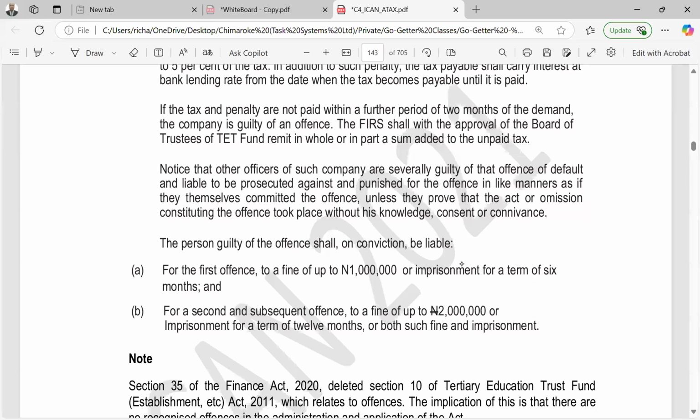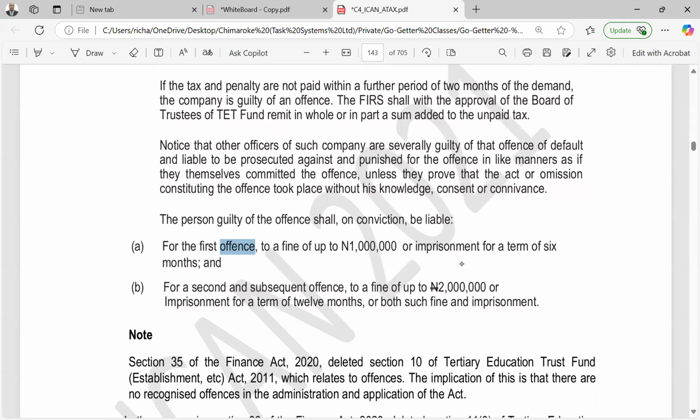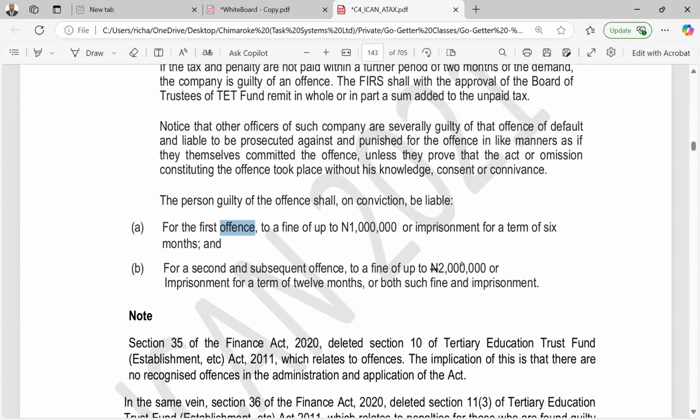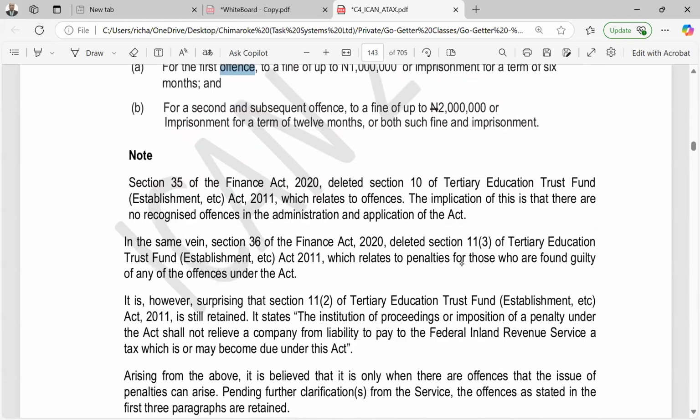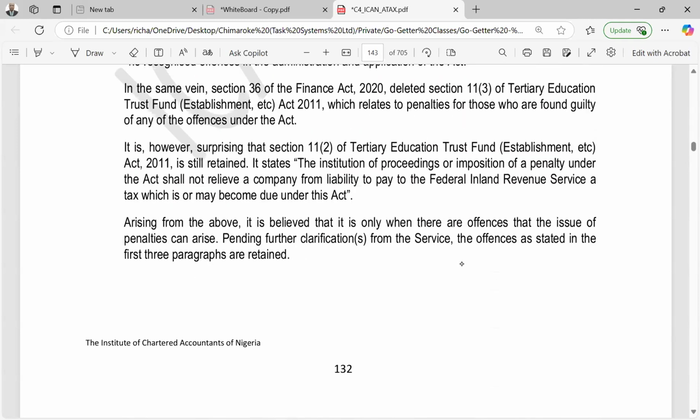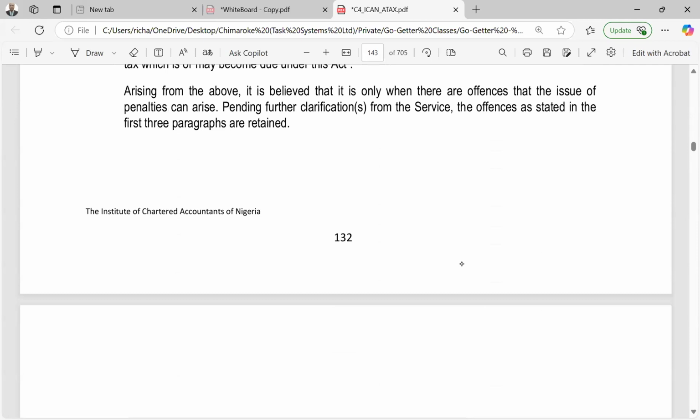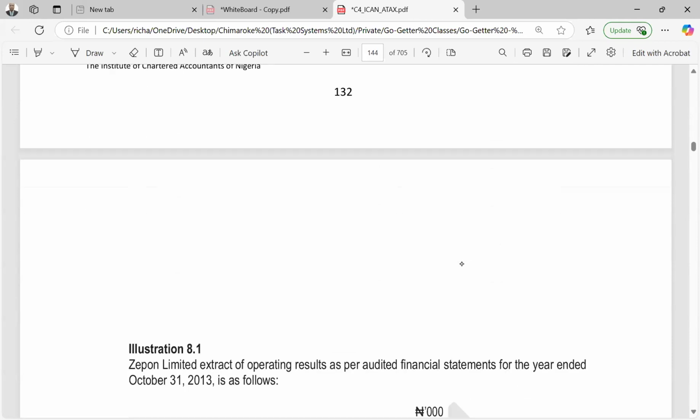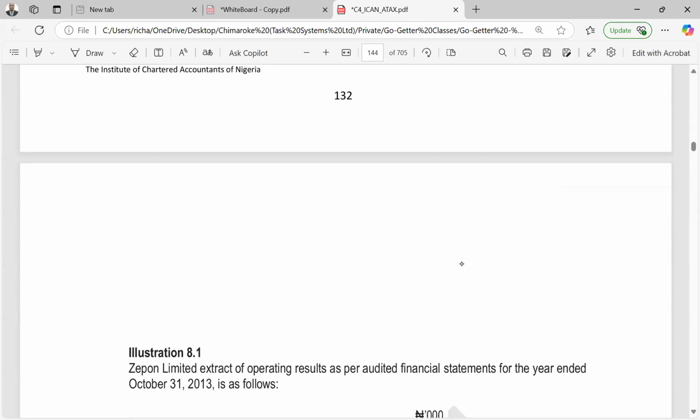If you're a second offender, then you have 2 million naira or imprisonment of 12 months or both. Go through them. These are minor aspects of this particular class, which I will want you to look at.